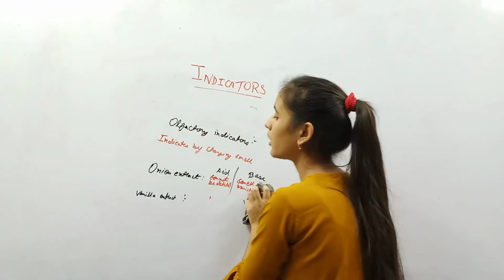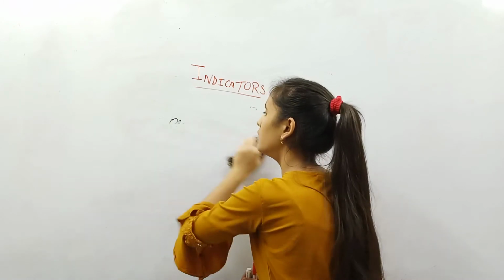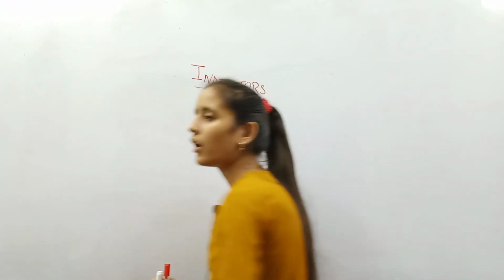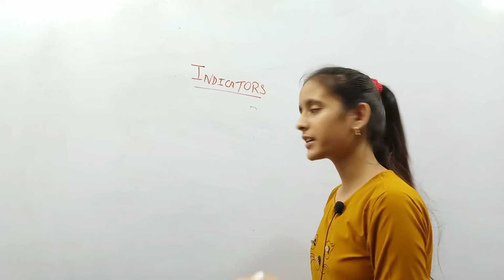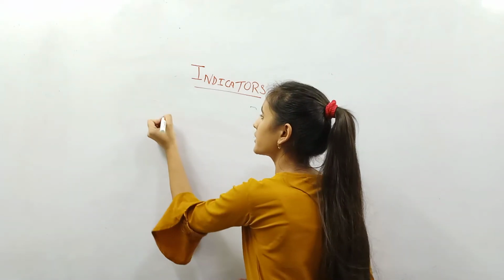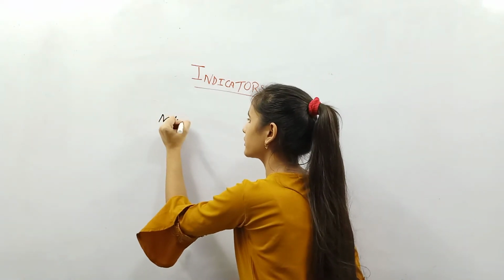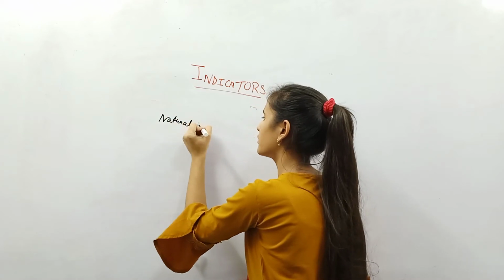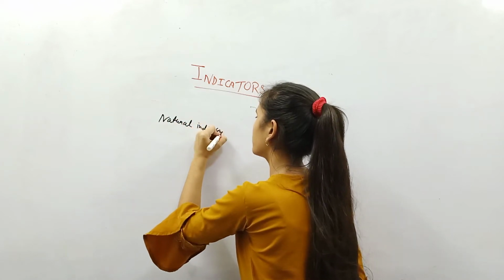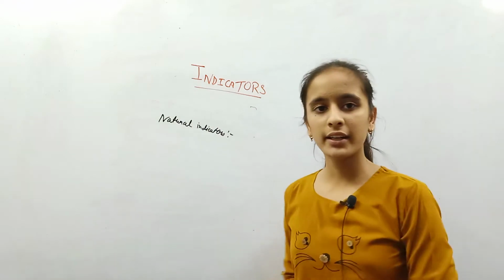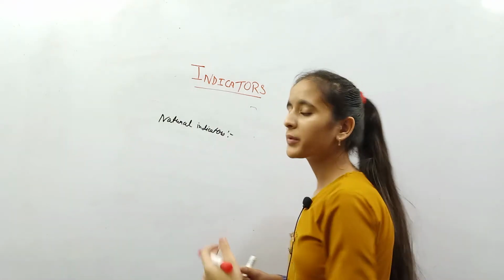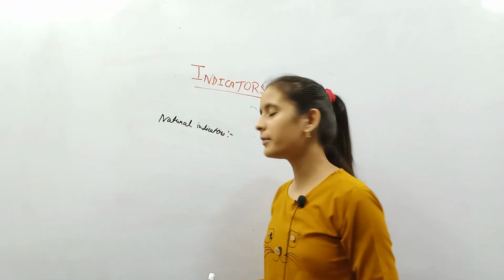Now we will study on the basis of origin. There are two types of indicators: natural indicators and synthetic indicators. First, we will study natural indicators. Natural indicators are the indicators which are obtained naturally from nature.